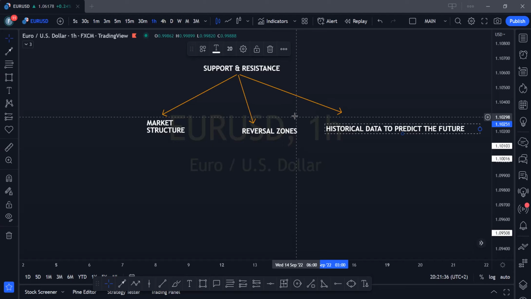The whole essence of what you are doing as a forex trader is to buy and sell. Right? So how do you know the best place to buy? How do you know the best place to sell? Your starting point is to understand what a support is and then what a resistance is. And support and resistance, as we'll go into them shortly, are reversal zones in the market where price reversed.